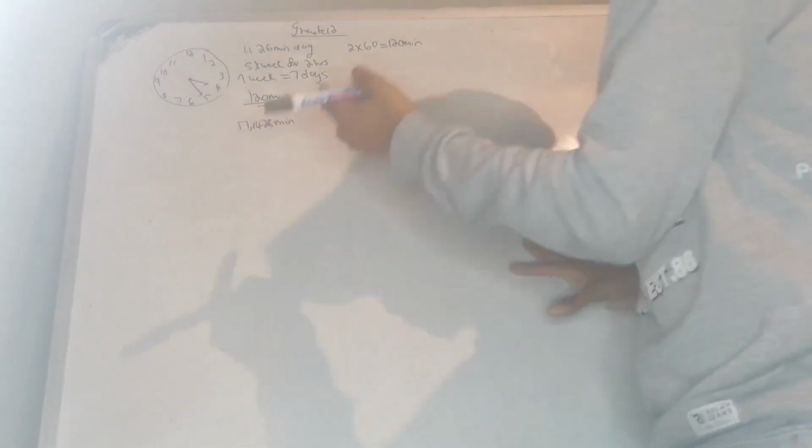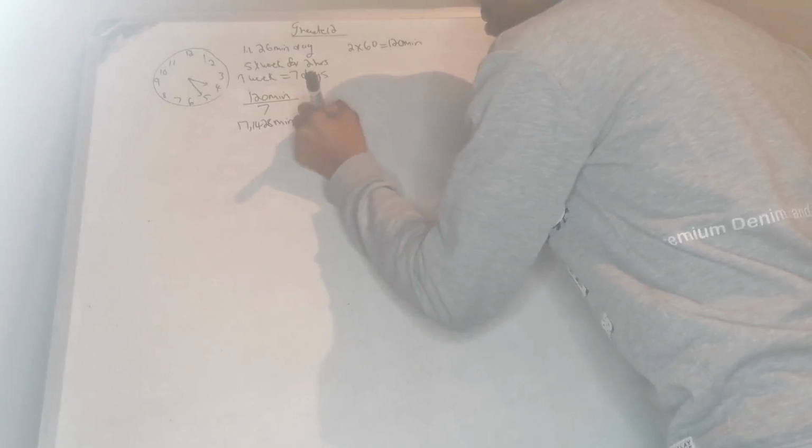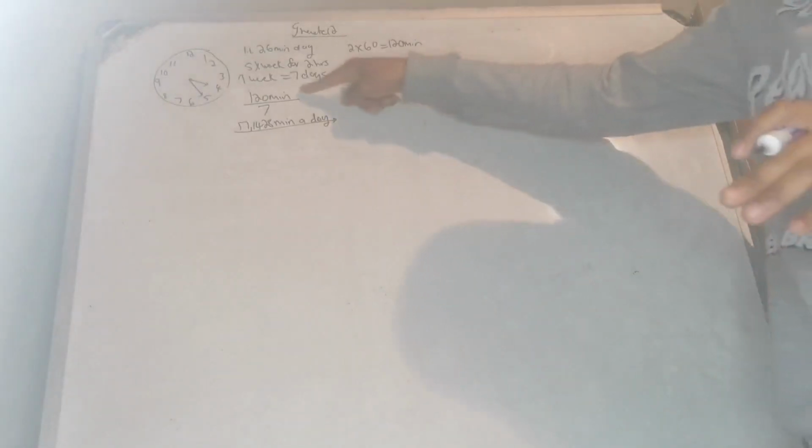Is she using 26 minutes in order to do that? No, we can argue no. You are not using 26 minutes. If we take a week to be 7 days, you are using 17,14 minutes a day. 120 minutes.